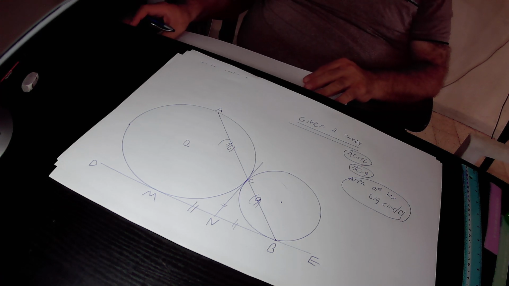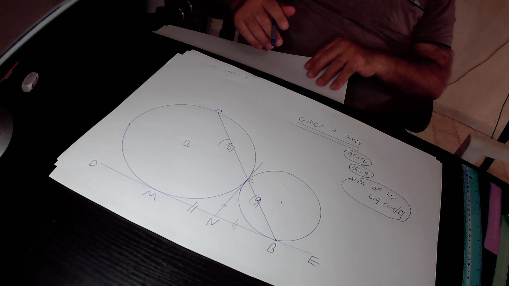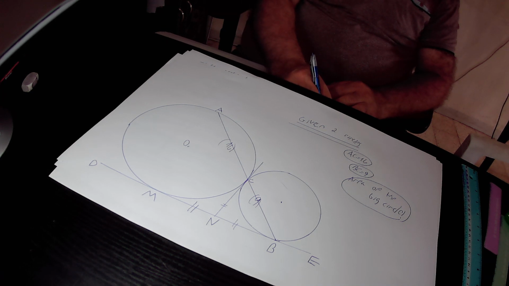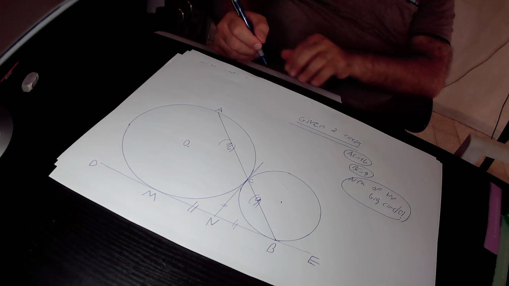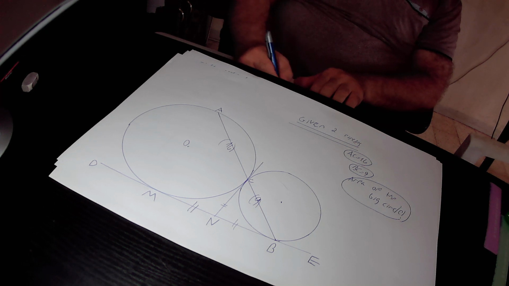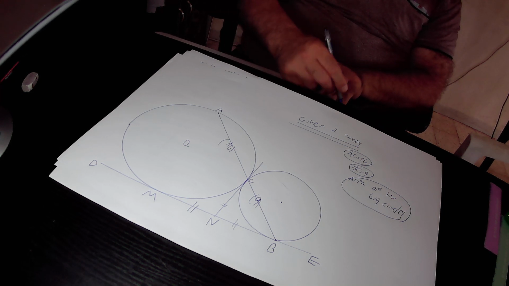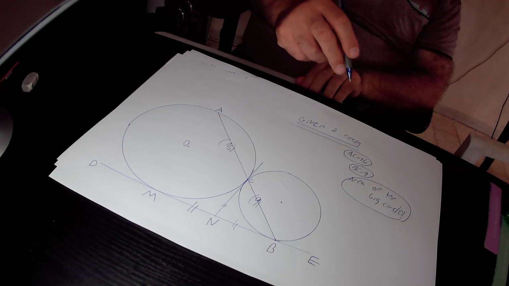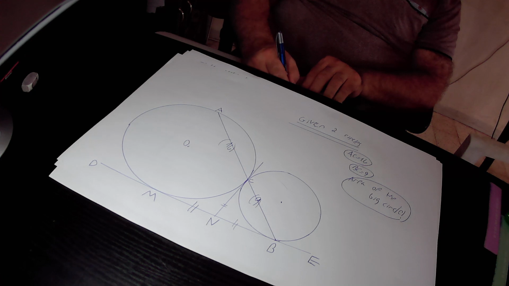So I'll write it down. BM square equals BC times BA.